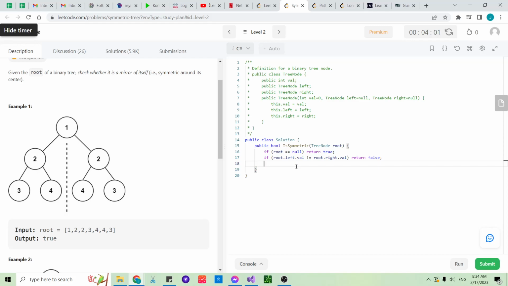So we would be comparing, let's say we are comparing root left with root right.